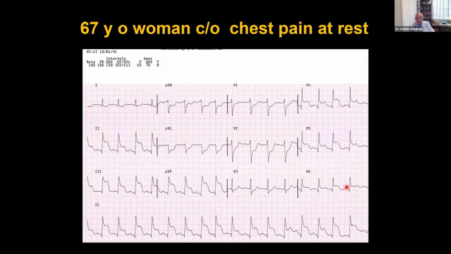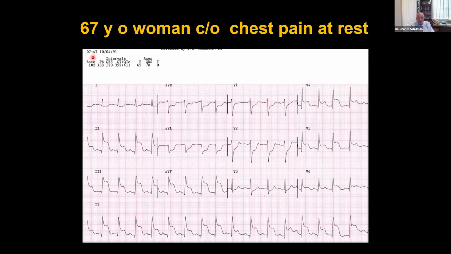Now, here's a lady who developed chest pain at rest. And she had these really nasty looking ST elevations, in addition to ST depressions in V1, V2. So infero-posterior ischemia, anyway. Is this an acute myocardial infarction?